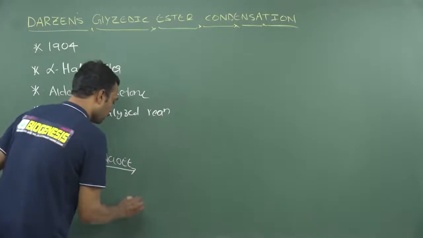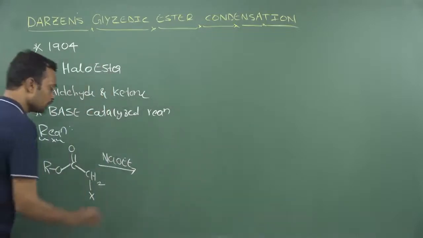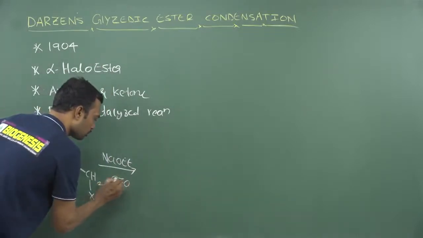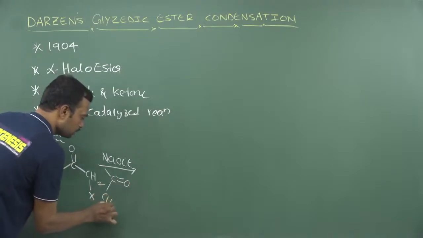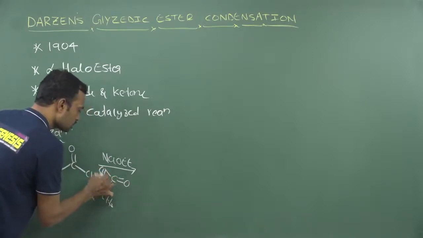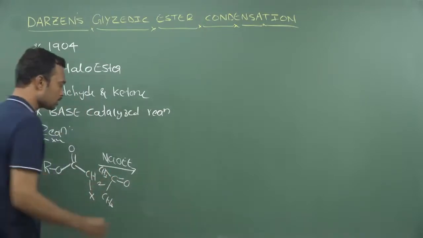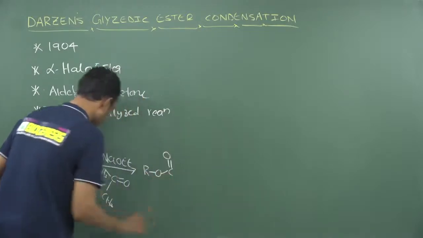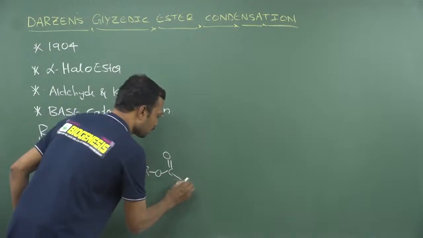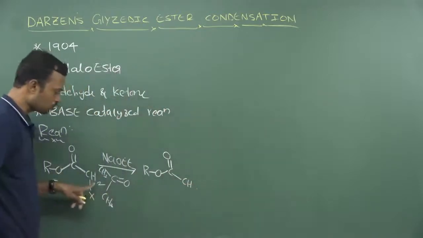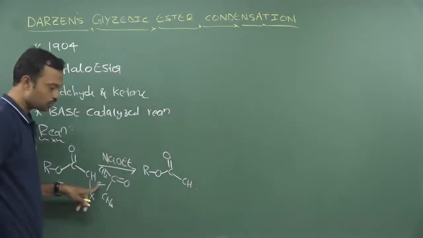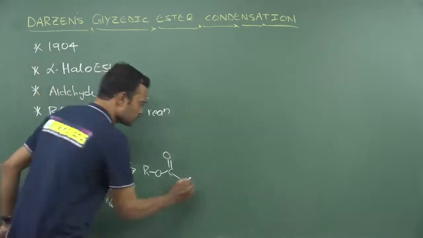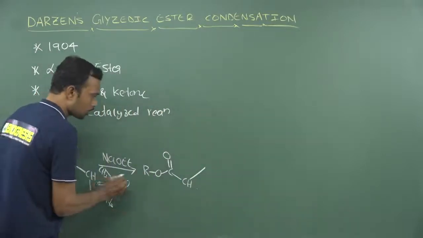Now finally, what happens? This NaOEt is used in the presence of a carbonyl group like this. This is a carbonyl, this is CH3, and here is one more CH3. Now this carbon gets condensed over here. This is RO, C double bond O. It removes one hydrogen and converts to CH by removing this halogen. So this carbon is connected.